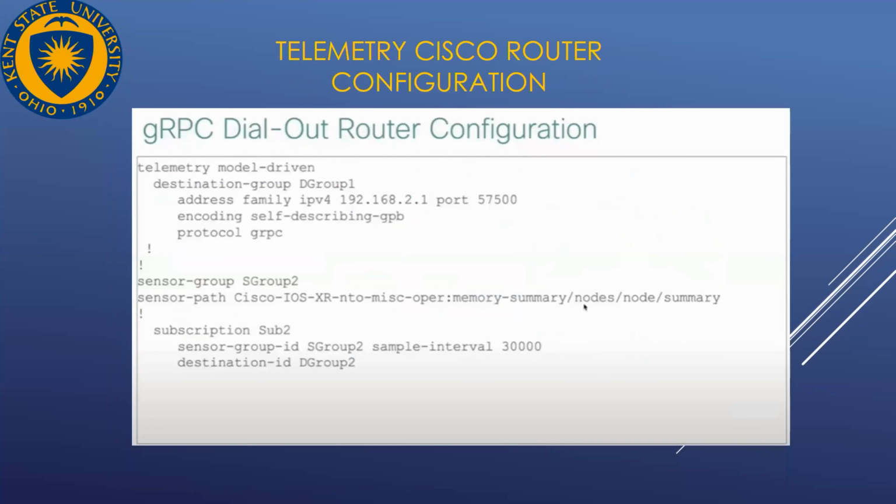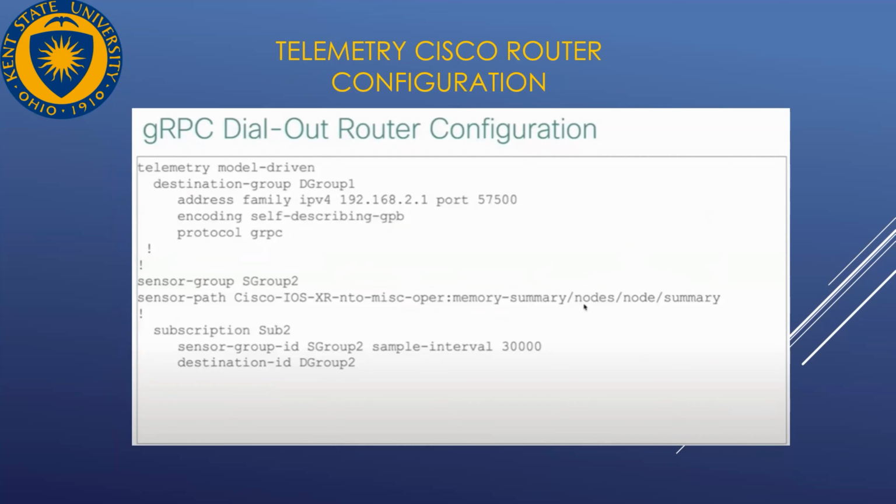This is an example of what a telemetry configuration would look like on a Cisco router. In this case, we'd be using gRPC. So at the top, you define your telemetry model. You'd list the destination group, add the IP address of the collector with the port you're using. With it being gRPC, the encoding would be GPB, and then the protocol would be gRPC. Down towards the middle, you define your sensor group, and then the sensor path.